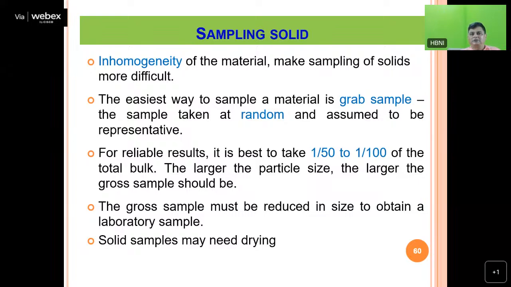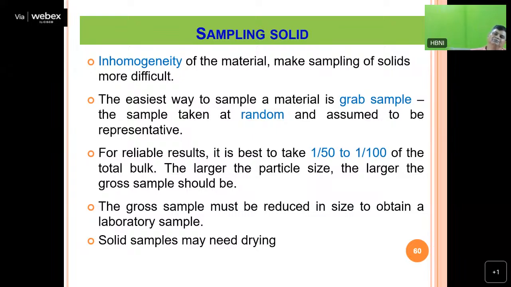The easiest way to sample a material is grab sampling. Grab means you just collect it at once, or the sample is taken at random and assumed to be representative. In certain cases, when there is no alternative, you assume this. Suppose you have a big rock, say 10 meters by 10 meters.